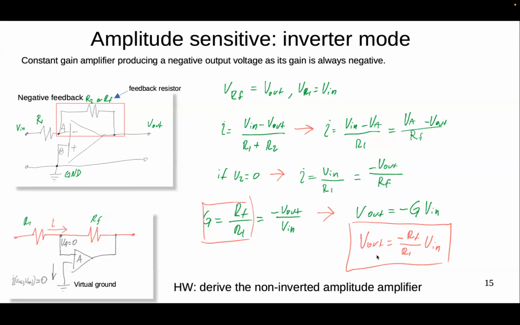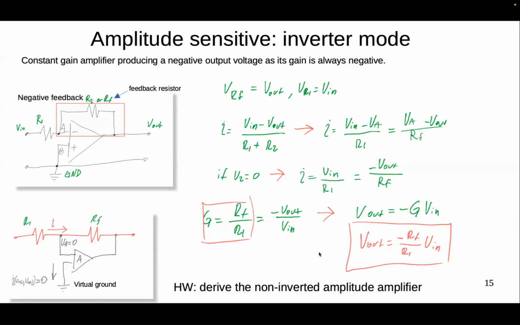So this is how we derive the equation to configure the operational amplifier to be an inverting amplifier. And that's very simple.